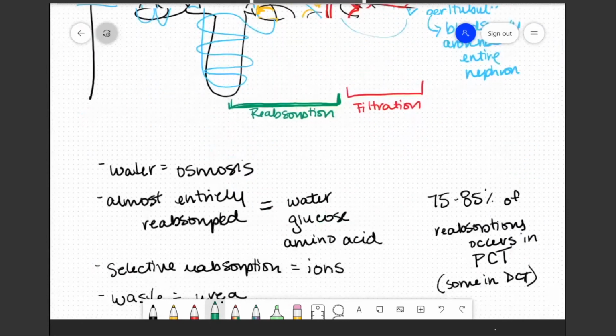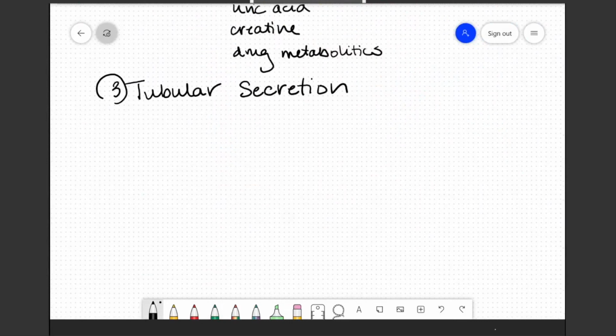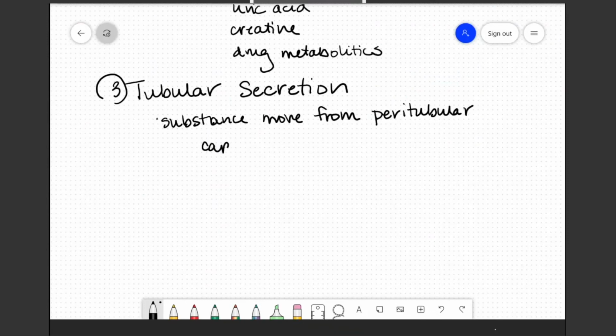Our third process is called tubular secretion. Tubular secretion is where substances move from the peritubular capillaries and are disposed of as urine.